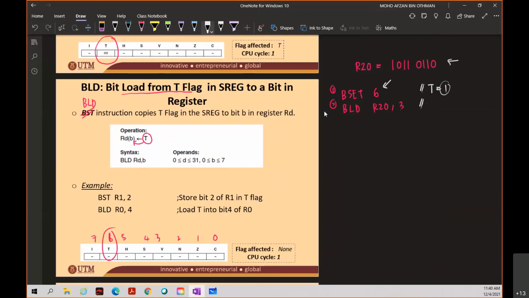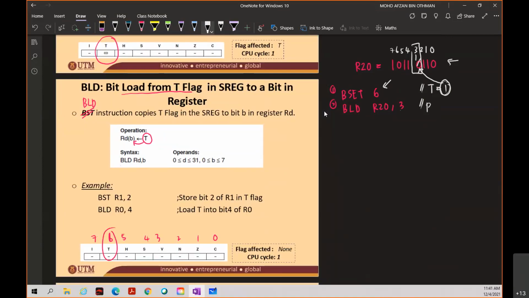This is the initial value of R20. You go to bit 3. Now what happened here is you load the T value, which is 1, to bit 3 of R20. So now bit 3 of R20 equals 1.